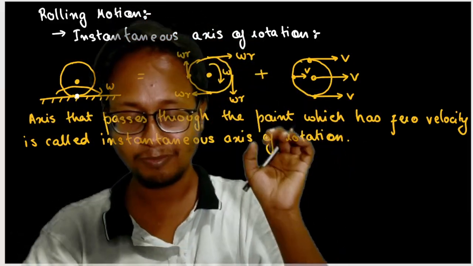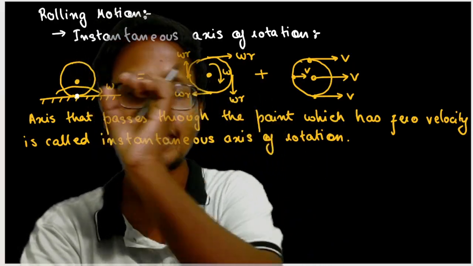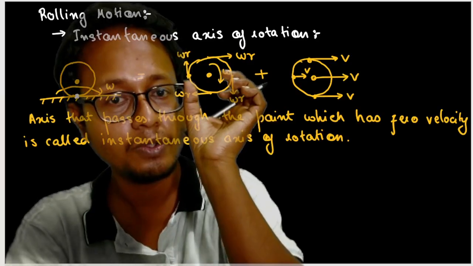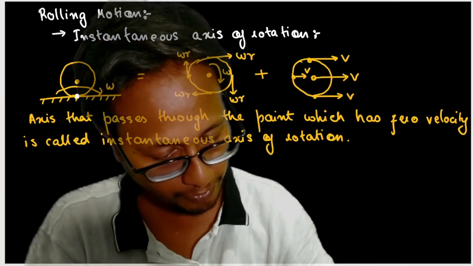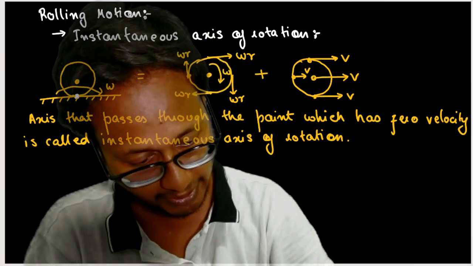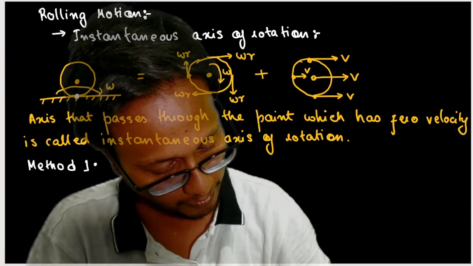Now let us analyze our rolling motion. I can analyze this rolling motion in two methods. Method one is I can analyze this rolling motion as a combination of rotational motion and linear motion. So let me write down method one.